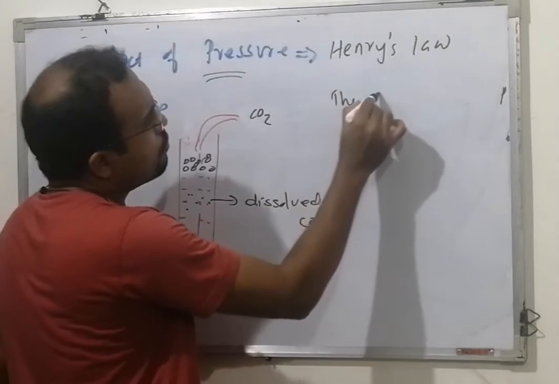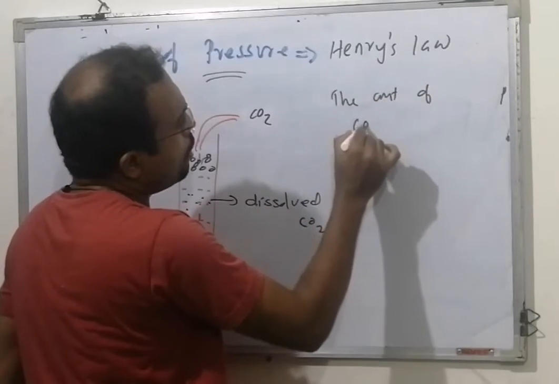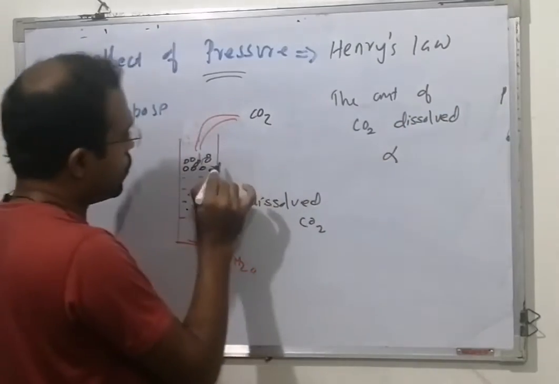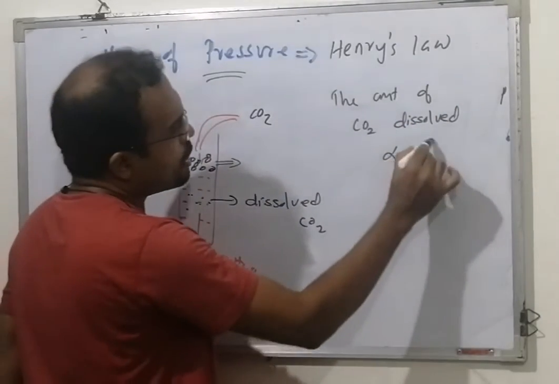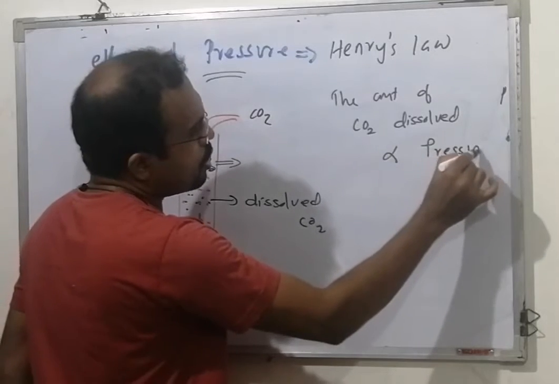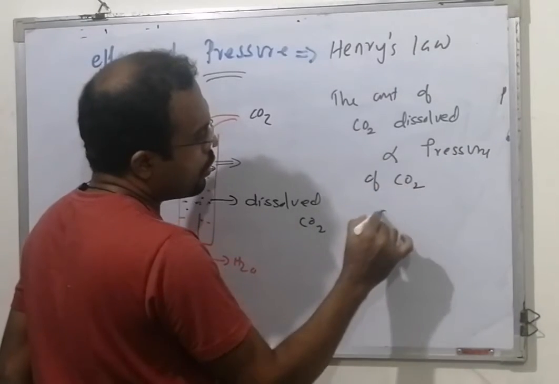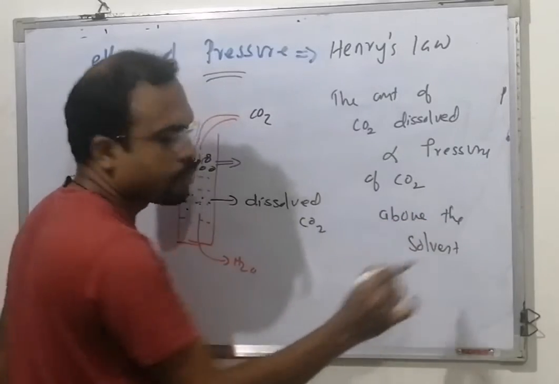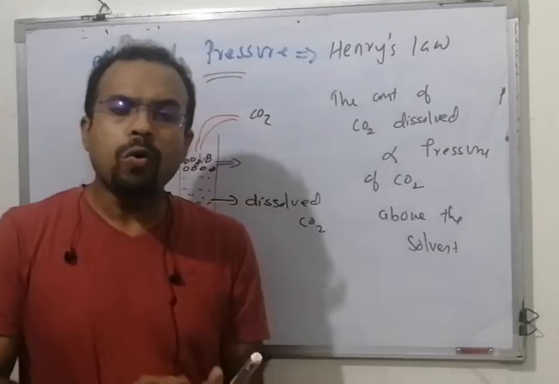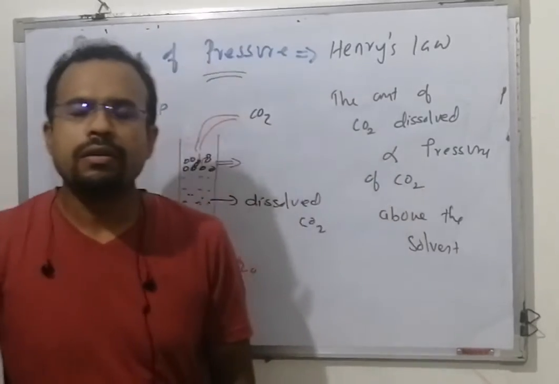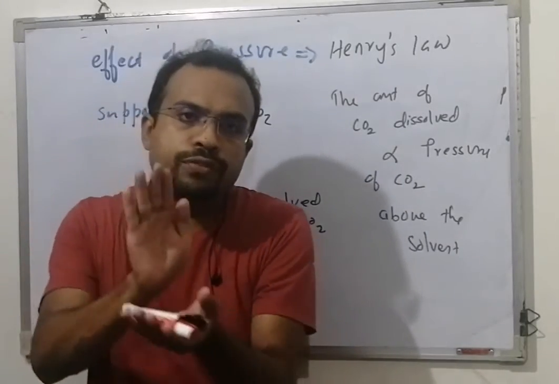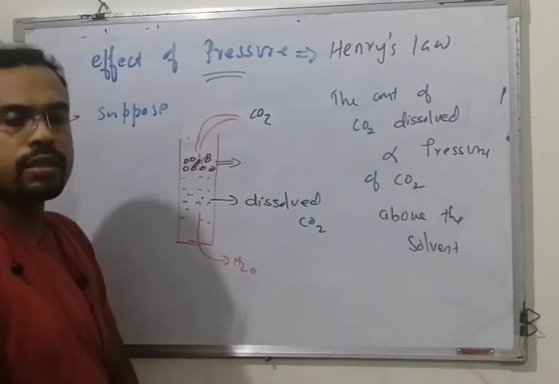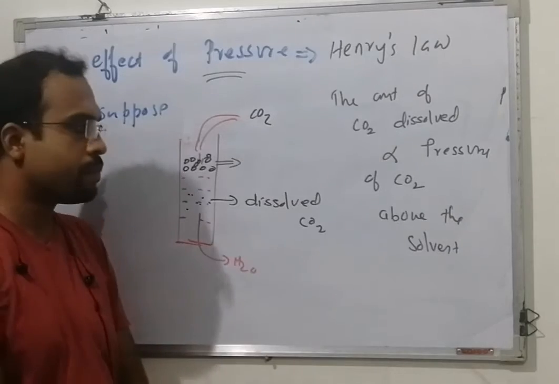The amount of carbon dioxide dissolved is directly proportional to the pressure of carbon dioxide above the solvent. How much pressure, how forcefully you are applying the carbon dioxide to the surface of the solvent, that much gas will be dissolved.